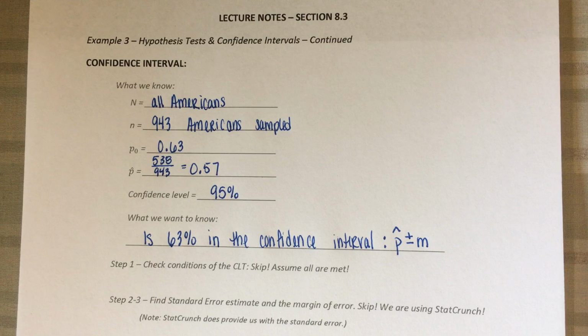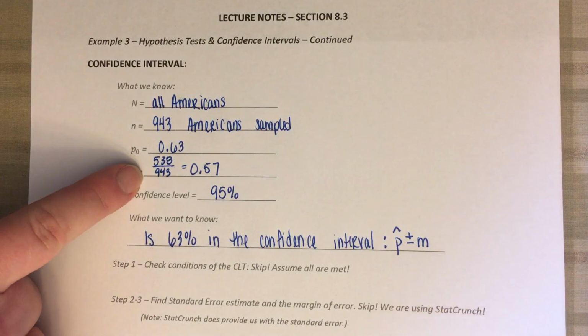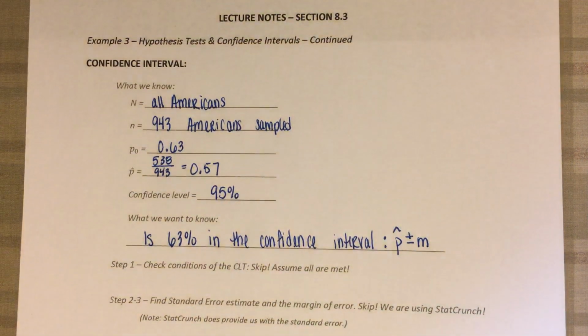Instead, we're going to go into StatCrunch. Again, we're using our one proportion Z statistics, so we're doing our proportion test, one sample with summary. We're going to enter our 538 and our 943. And instead of entering all of the information for our hypothesis test, we're going to select the other button in StatCrunch that shows our confidence interval.